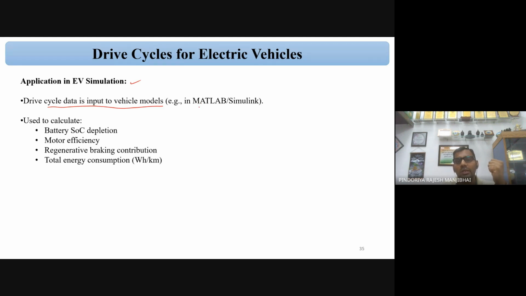You have to use the drive cycle in the MATLAB Simulink model and check the performance of the vehicle. It is used to calculate battery SOC depletion, motor efficiency, regenerative braking, and total energy consumption. You have to check this type of parameter through the MATLAB Simulink model. Of the total 9 experiments I designed, maybe in the second experiment you have to do this simulation, correct?